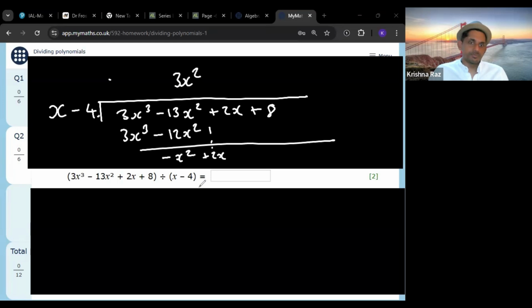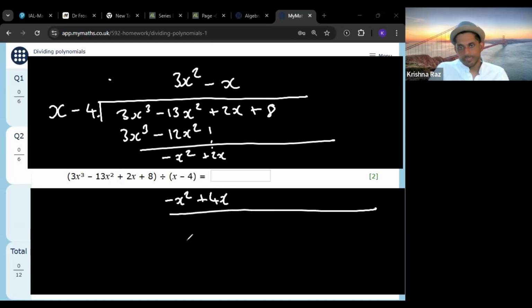Well, x times minus x is negative x squared. Now we multiply that negative x by x and minus 4. Minus x times minus 4 is plus 4x. 2x take away 4x is minus 2x.